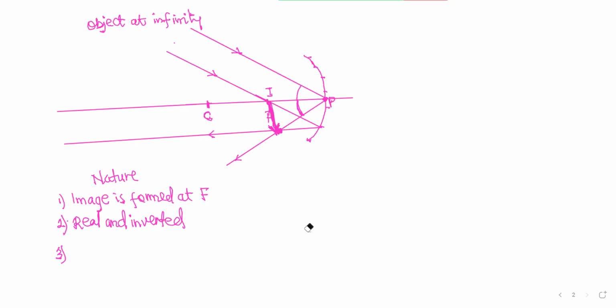We are discussing the nature of the image formed, or the characteristics. Evelyn, the rays emerging from the mirror, you say they are parallel? No, they are not. If they are parallel, they will not intersect. Once they are intersecting, then it means they are not parallel.